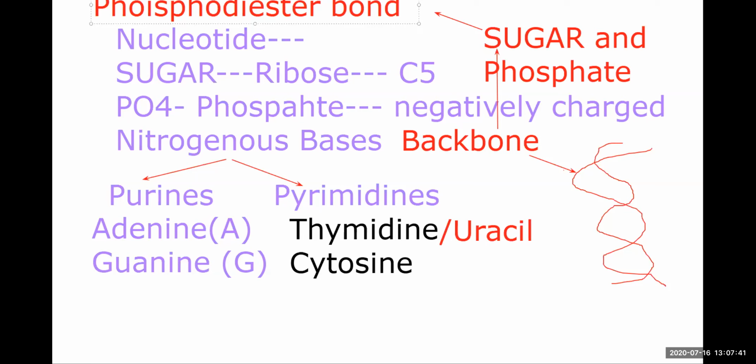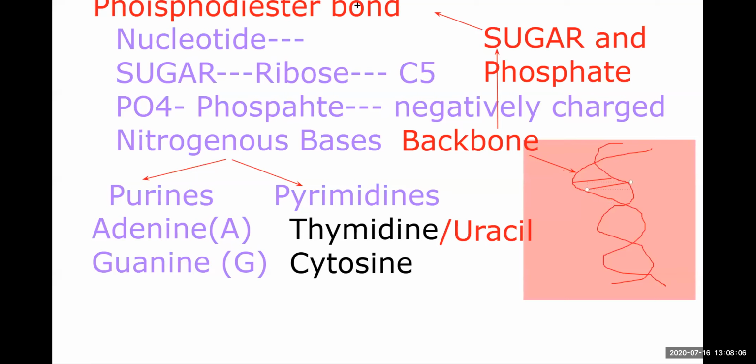Now, the bigger question comes here. DNA is double-stranded. How are these two ladders held together? These ladders are held together by a staircase type structure, like this, all over.